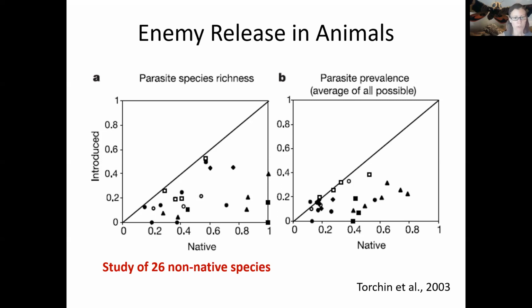But what we see is most of the points fall below the 1-to-1 line, which tells us that at least for these 26 species, most of those species have more parasites attacking them in their native range than in their non-native range. Again, evidence in animals for an enemy release happening.